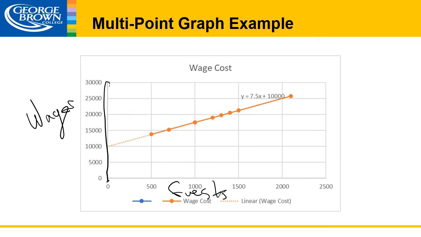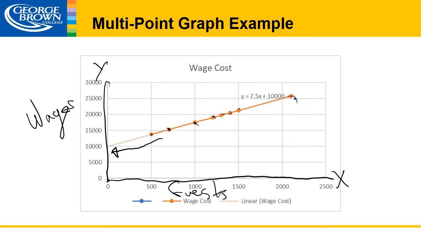I'm just going to label some of this stuff: x, y. We've plotted the dots, which are our data set. We've added a trend line, and I'll show you how to do that once we get to our seminar. We've added the trend line, and we've extended the trend line to the y-axis.